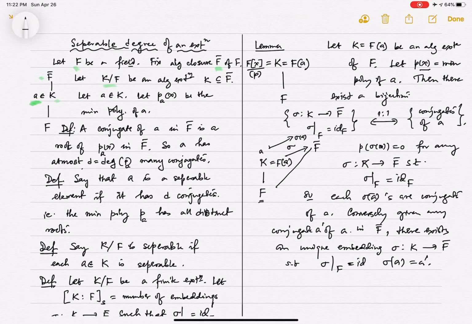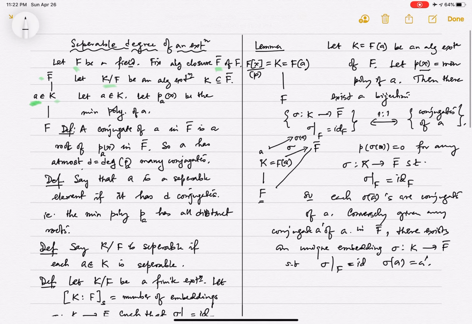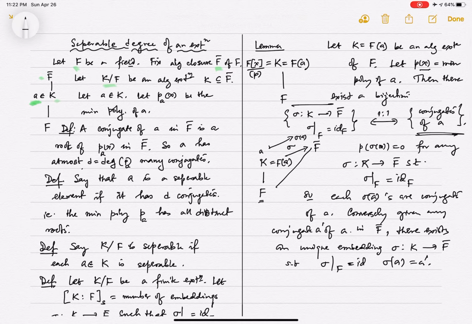This was essentially what we kept calling our embedding lemma. That when you take these embeddings into algebraic closure, you can send A to one of its brothers, to one of its conjugates. So the number of conjugates is the same as the number of these embeddings. Okay.